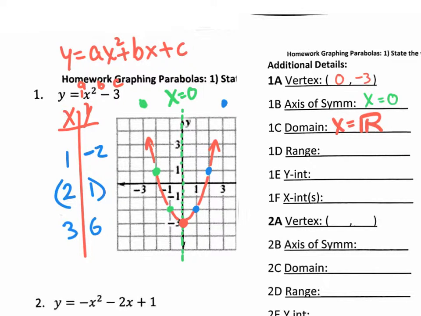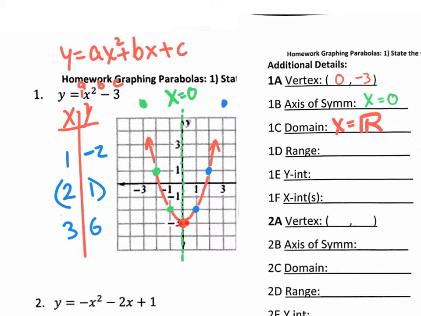Now the range are your y values. Let me give you a visual of the domain first. The domain's saying that the parabola does go to the left forever. Even though it goes up, it continues to go this way, and it continues to go that way. That's the domain, the x values. The range are your y values, and this parabola is clearly above a certain value. The parabola doesn't exist down here.